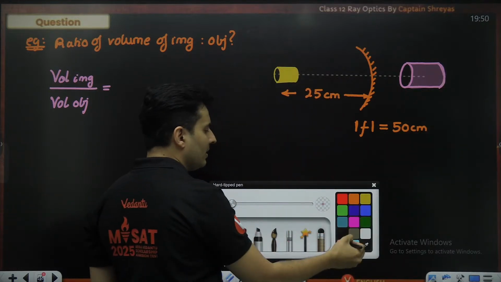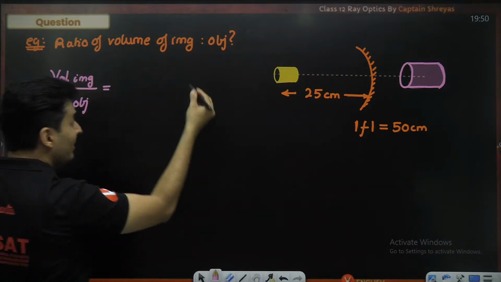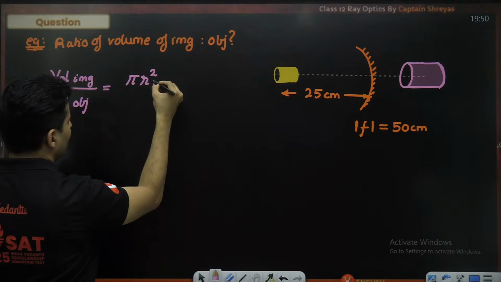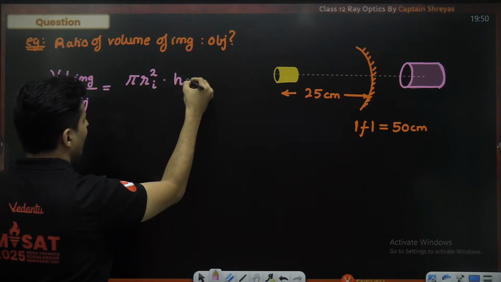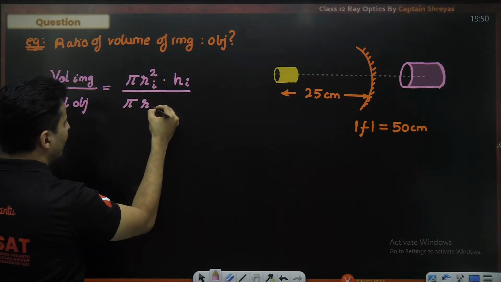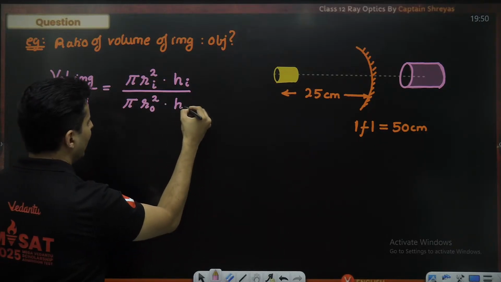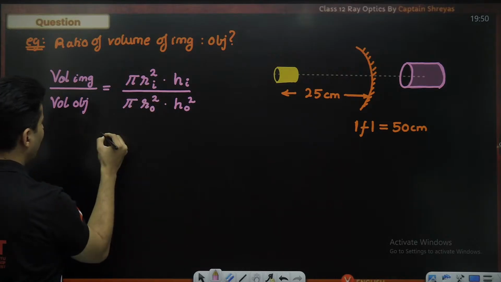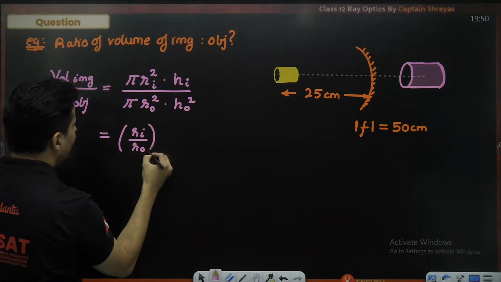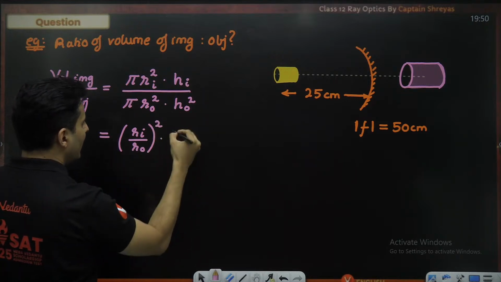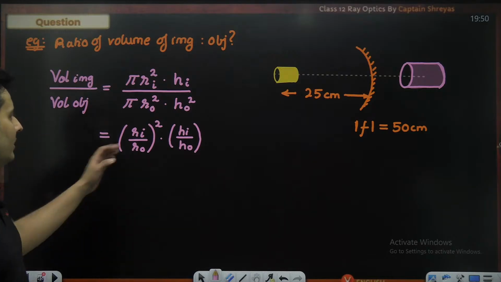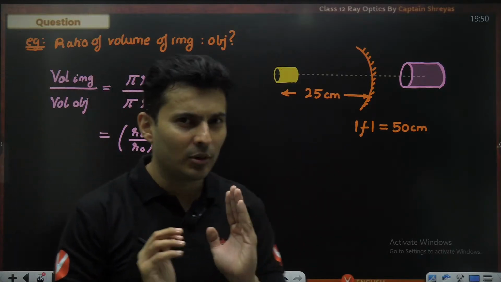So, volume of a cylinder is pi r square h, where this will be the radius of the image and the height of the image, upon, for the object, pi radius of the object square into height of the object. Pi cancels, and I am left with radius of the image upon radius of the object square, and height of the image upon height of the object. Interesting. This is what it has been narrowed down to.